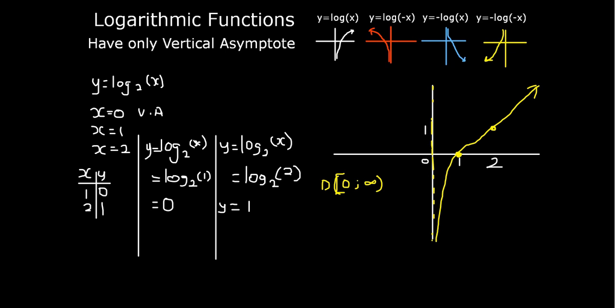And also there is a change in the range, because now the range is from negative infinity, because we don't know where the negative Y values come from, until the positive infinity of the Y values. So the range now is from negative infinity up to positive infinity.